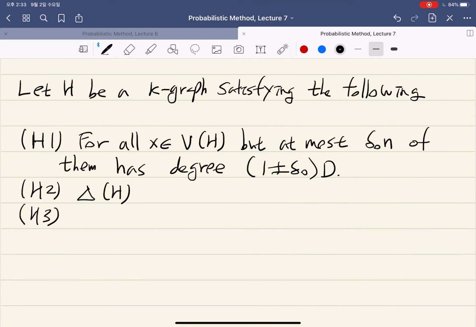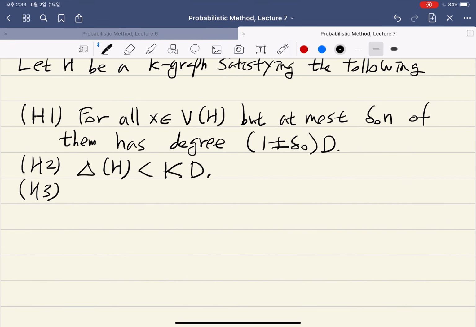But even the vertices with incorrect degree cannot have too large a degree. This is actually weaker than the almost regularity condition that we had in the Pippinger theorem. And again, the codegree is small. So we have this.